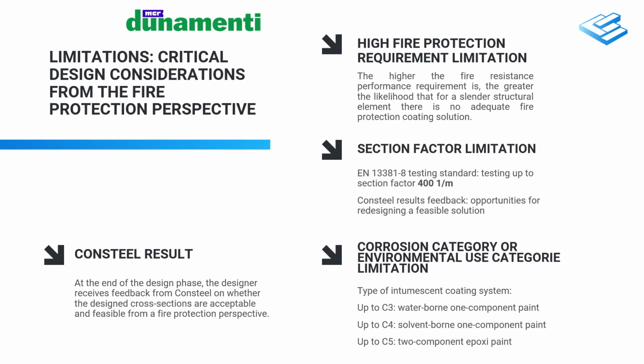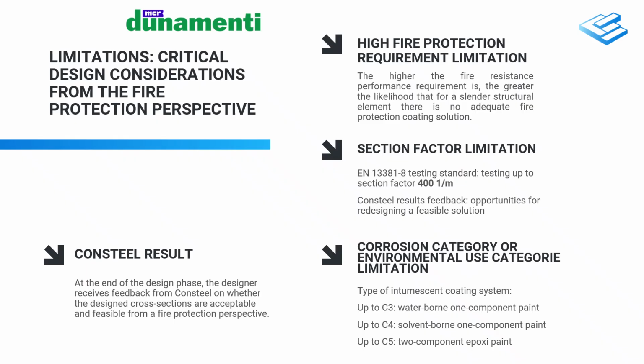However, the good news is if we need to change a structural element and choose a more massive one because of fire protection reasons, under the same applied loads and effects, the section factor is reduced, which means we have an element with higher massivity, and its critical temperature will also increase, since it will have a higher utilization rate reserve. So it will solve our problem easily.